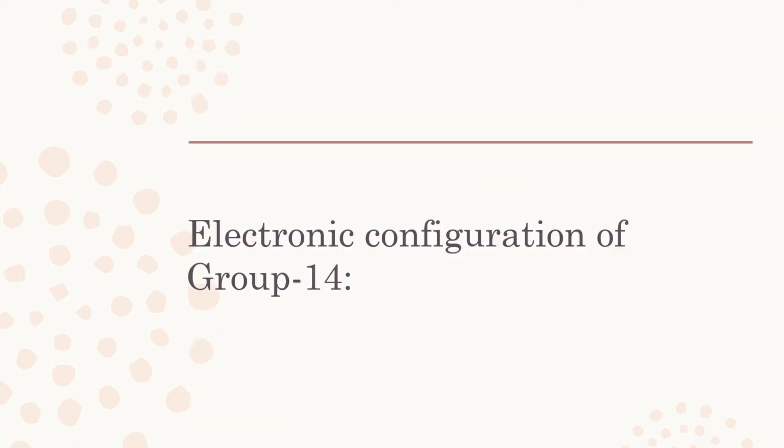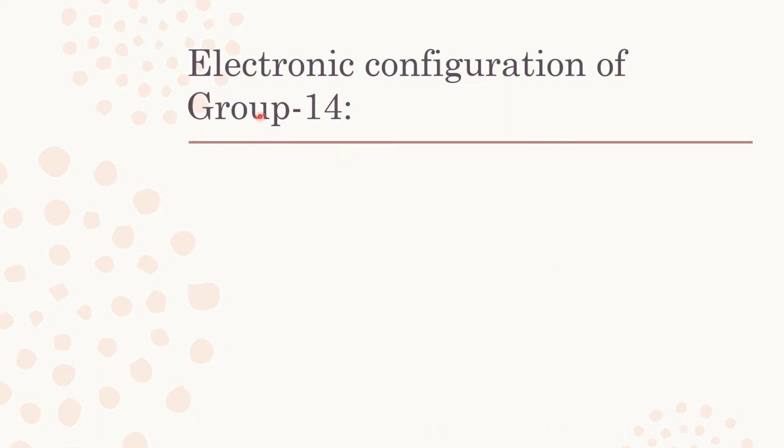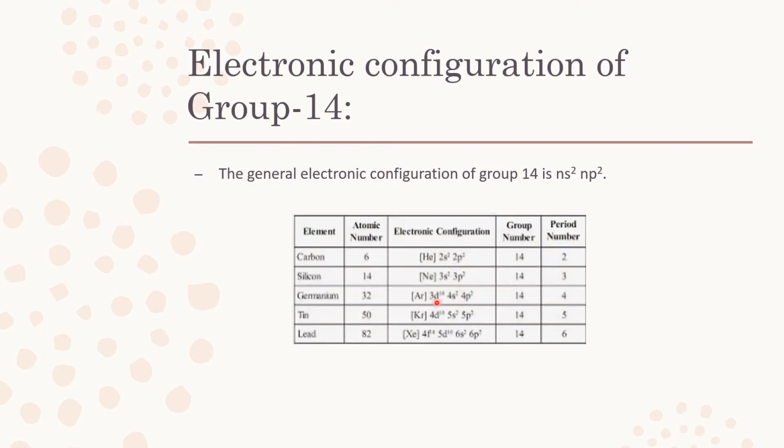Let's move to group 14. The general electronic configuration is ns2 np2. We know the elements are carbon, silicon, germanium, tin and lead. These are the atomic numbers. The electronic configuration of carbon is helium 2s2 2p2, for silicon it is neon 3s2 3p2, and for germanium argon 3d10 4s2 4p2.